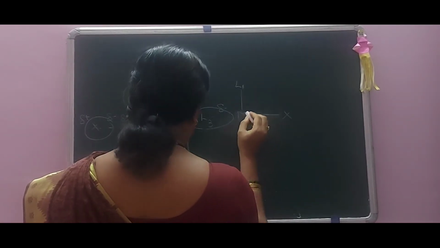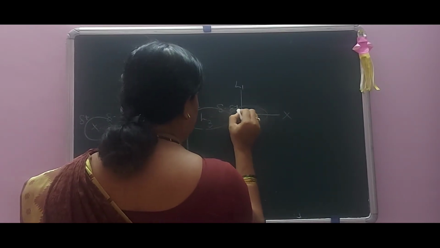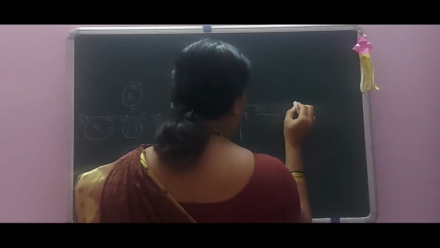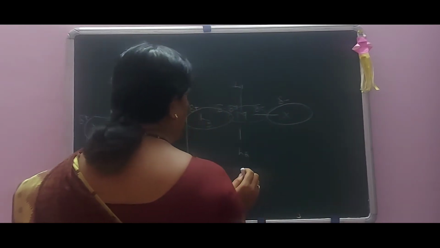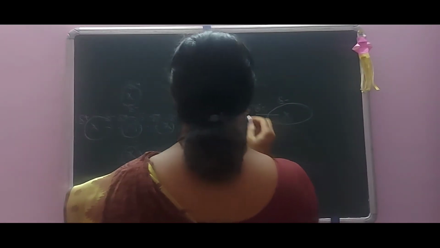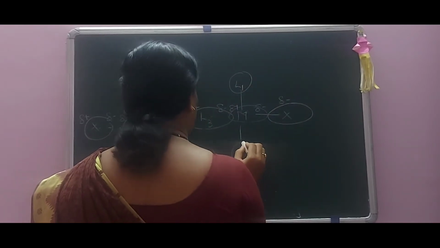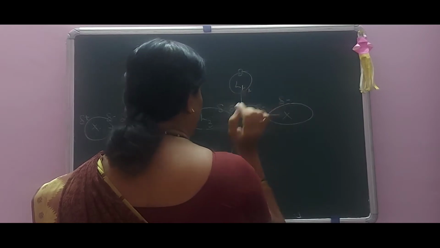The central metal ion also gets delta plus, delta negative. Here also these are the ligands L1 and L2, delta minus, delta plus, delta minus, delta plus.